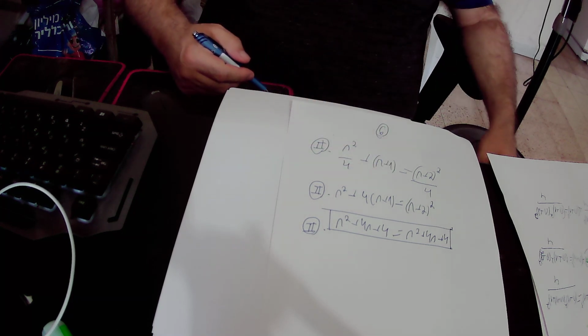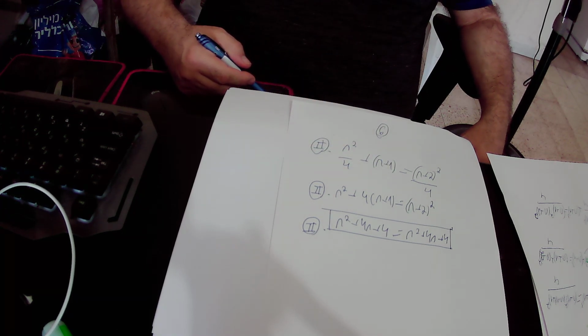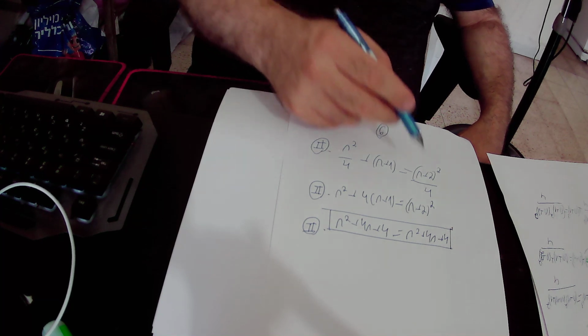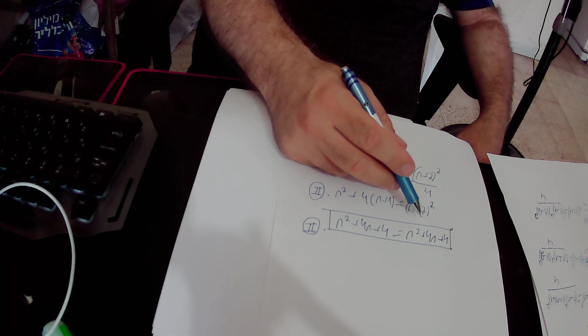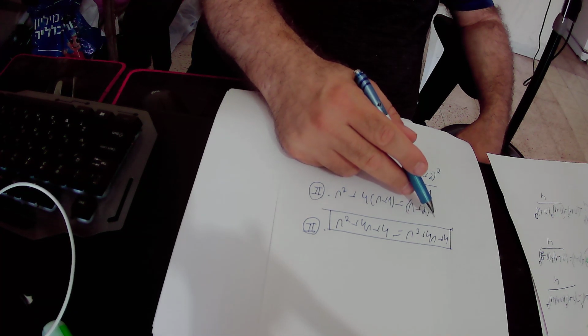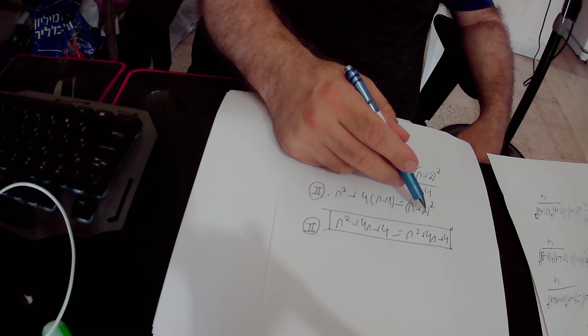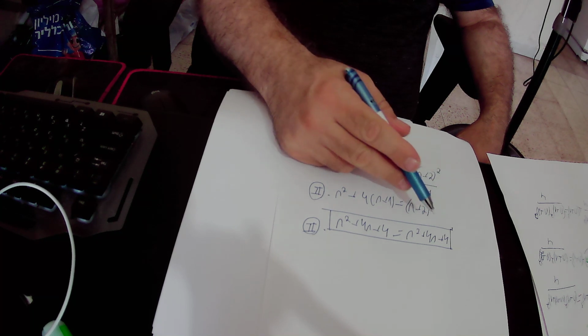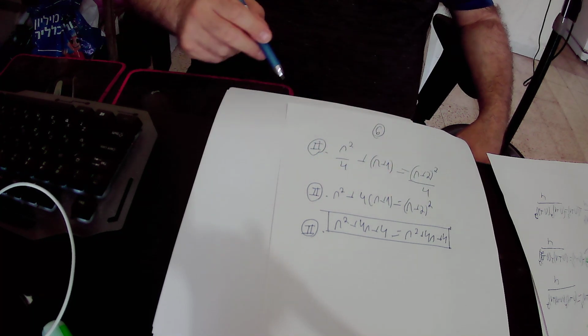It is like (a plus b) squared, that is a squared plus 2ab plus b squared. So here it will be n squared plus 2 times 2n, which is 4n, plus b squared, it is 2 squared, it is 4. So we got an identity.